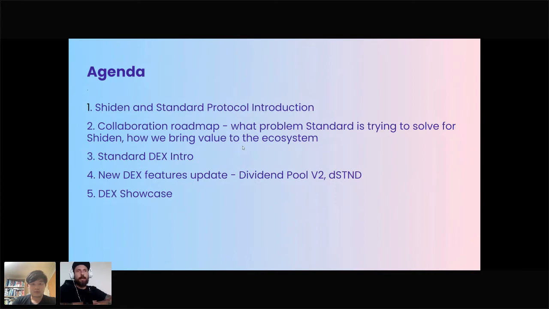Then we will show you some features of our DEX and speak about our DEX launch on Shiden, and also the launch yesterday on Ethereum. I will ask Hyung Suk about updates in the dividend pool we made from the start, and then in the end I will show you some DEX usage and DEX features and revenue generation opportunities for Shiden and Standard users.